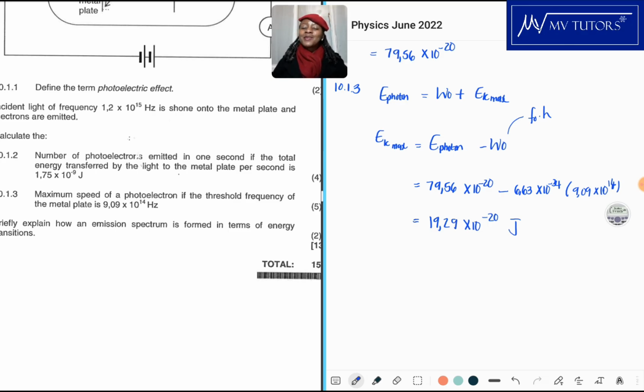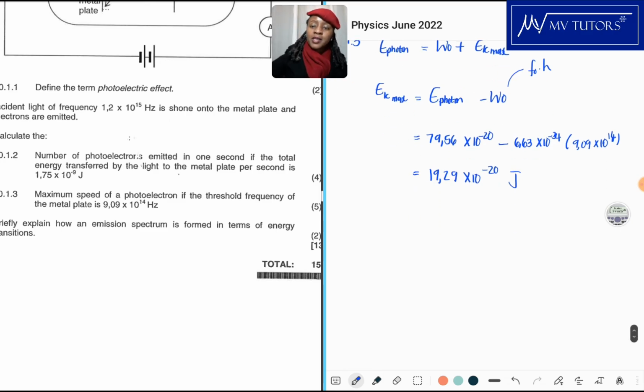Okay, they did not ask us for the kinetic energy. They asked us for the maximum speed. So we're basically looking for V. All right, so what is the equation for kinetic energy? It's basically half m v max squared. Okay, so for me to get the maximum velocity, I would say 19,29 times 10 to the negative 20.